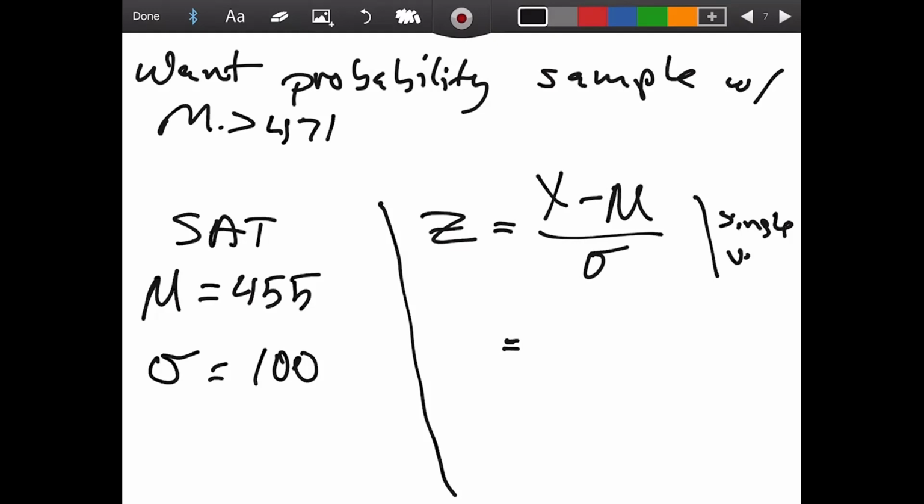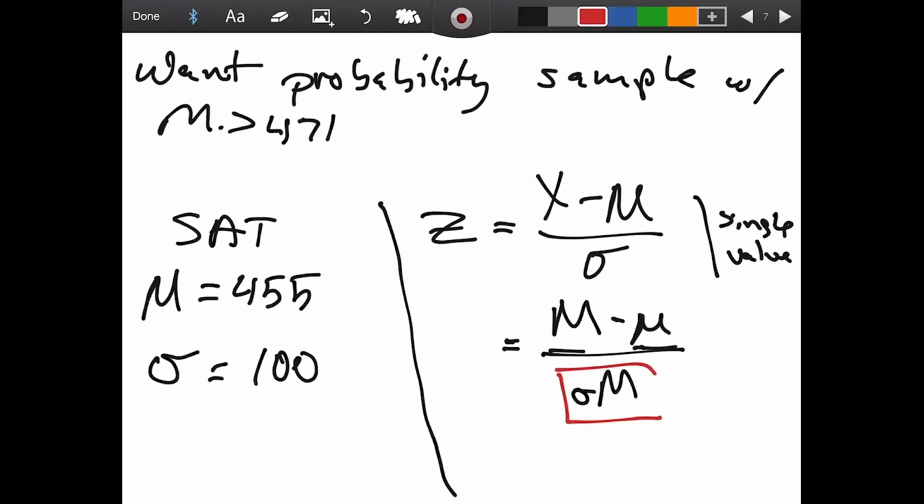Is it over the standard error? Yes, so it's the sample mean minus mu, exactly, over the standard error of the mean. All right, so we know we've got our mean. We know we have our population mean, but we don't yet have the standard error of the mean, right?